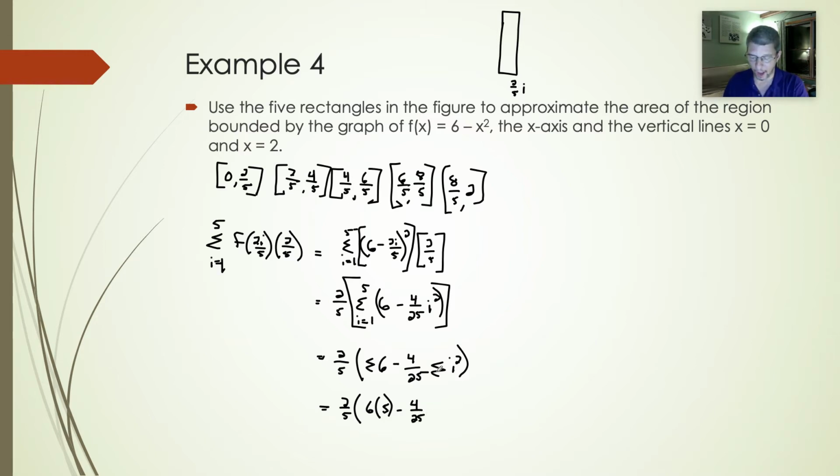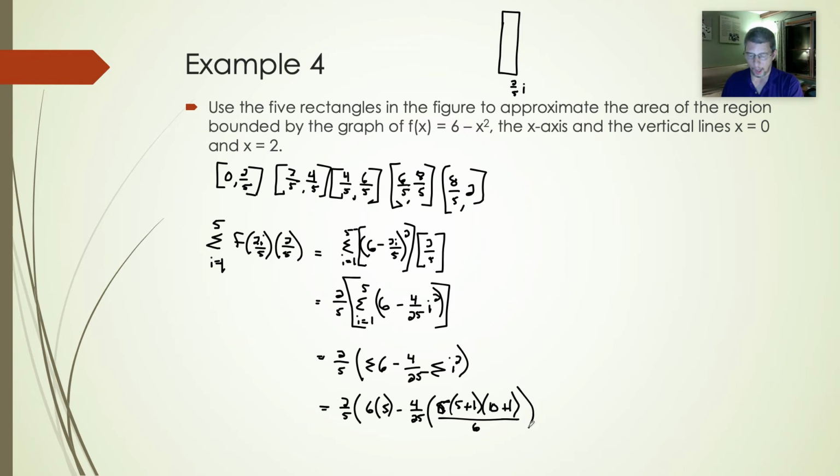And for i squared, it's going to be n, or well, 5 times 5 plus 1, all right, because it's n plus 1, times 2 times 5, which is 10, plus 1, all over 6.